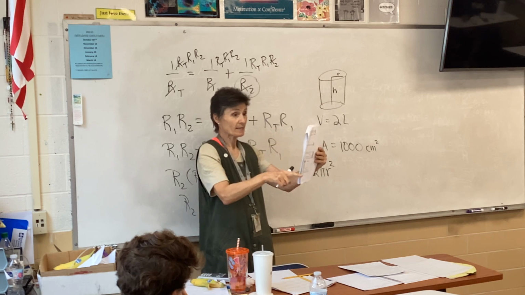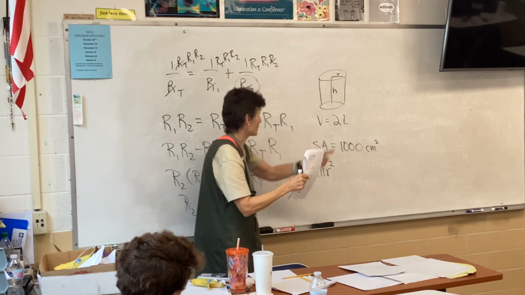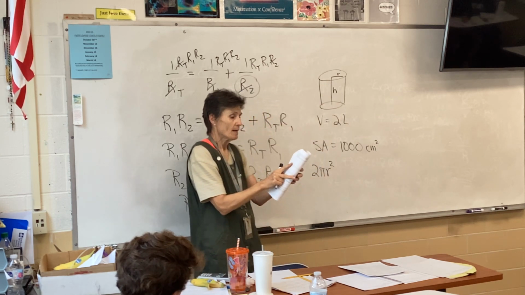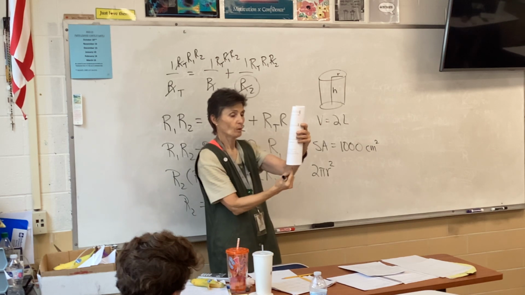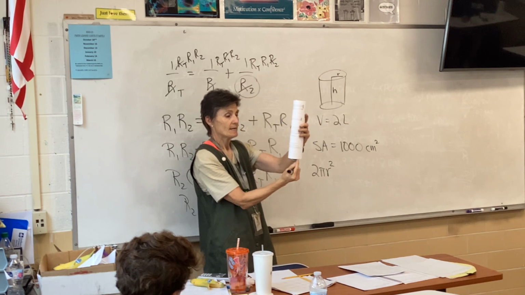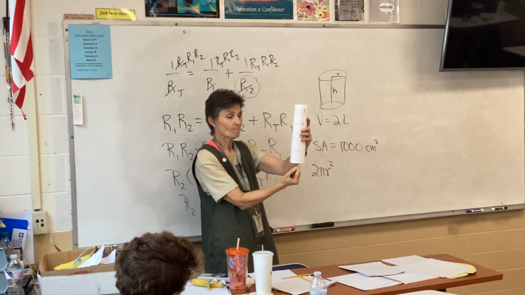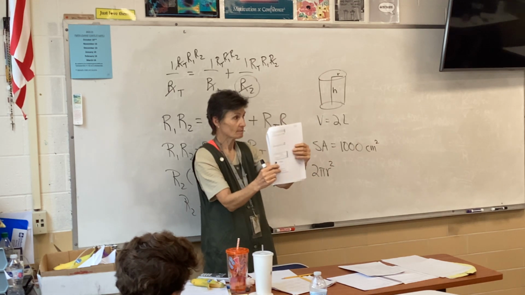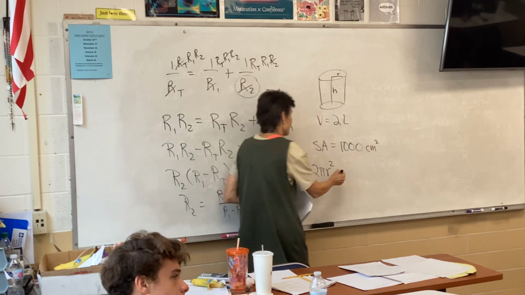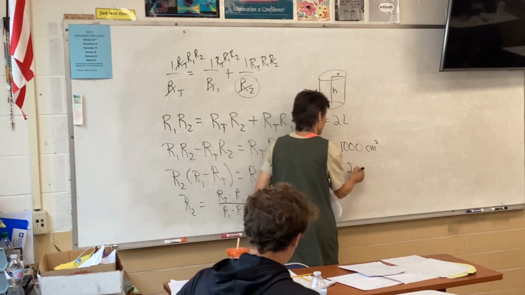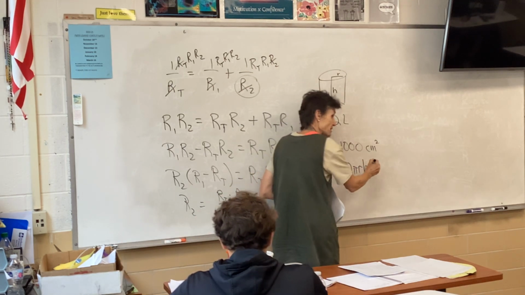And the height of the rectangle is just h, whatever the height of the cylinder is. But what about the width of the rectangle? Well, look, when I fold it around, isn't the width of the rectangle the circumference of the circle? So the circumference is 2 pi r times h.